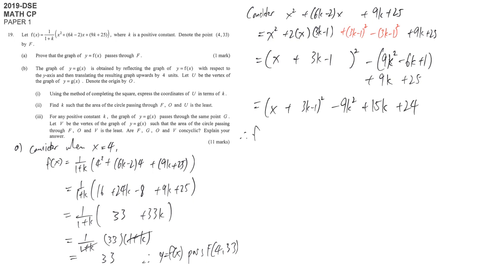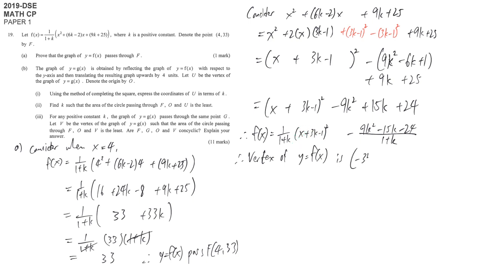So going back to our question, f(x) is equal to this. Therefore, the vertex of y equal to f(x) is when this bracket becomes 0, that means when x equals negative 3k plus 1, then the y-coordinate will become this term.